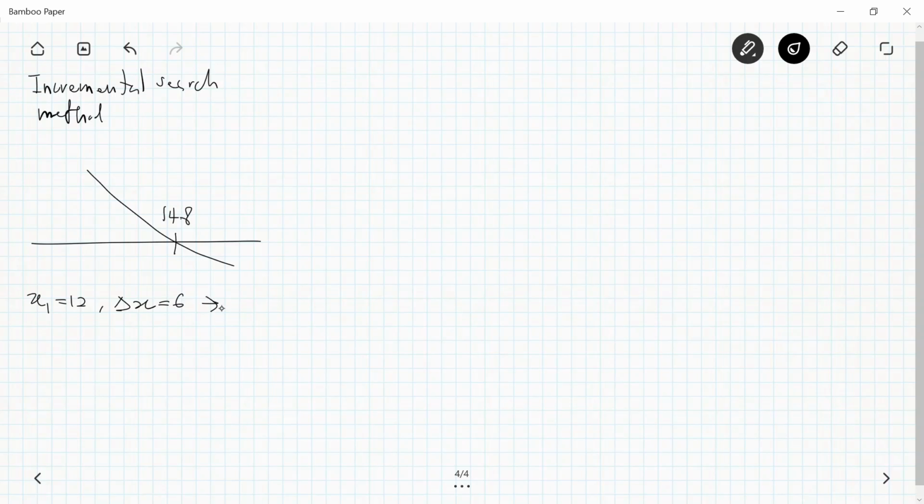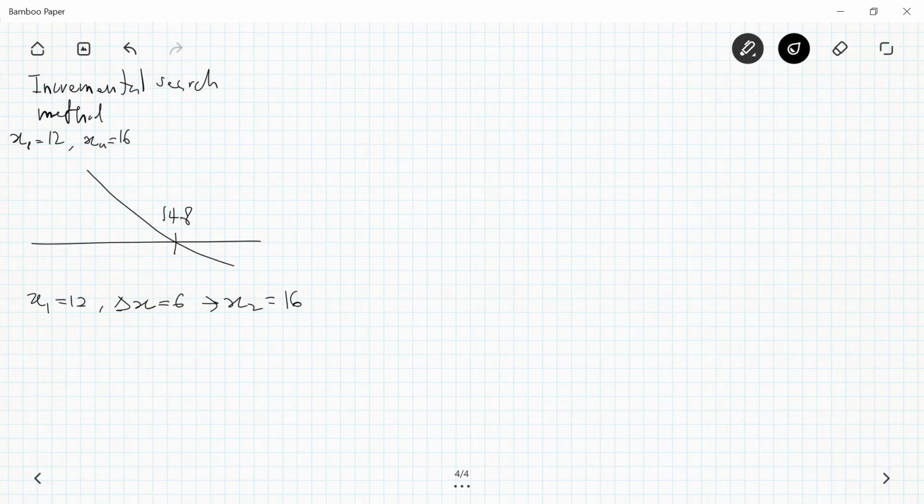Then we know that our x2 is equal to 16, just like our bisection method, where if you recall, xL equal to 12 and xU equal to 16. So we are using the same parameters here. The start point x1 is 12.